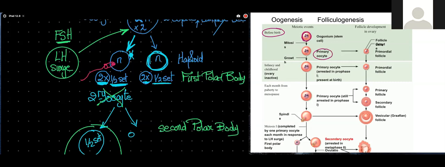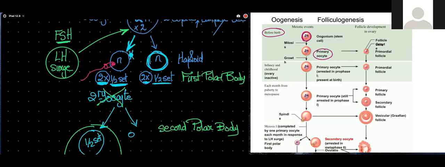Do I have any mitosis after birth? Can I keep producing more primary oocytes after I got born as a female? What do you think? Are you able to keep producing primary oocytes after birth?